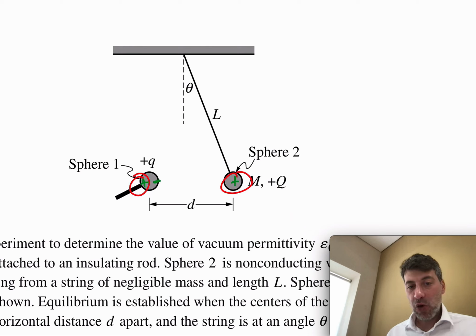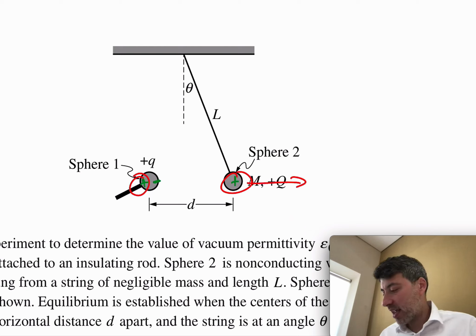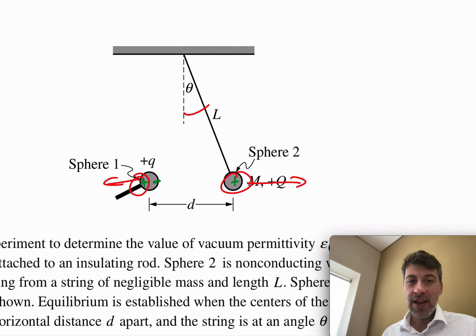However, the positive charge has moved a little bit to the left, so the distance between the charges is slightly more than before. More distance causes the force to be a little bit less, so since the repulsive force is a little bit smaller, this provides that the angle will be a little bit smaller as well.